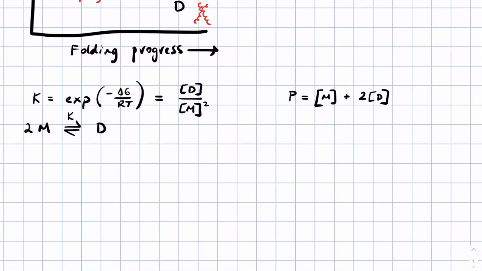Okay, so we use this factor 2 to account for the fact that each dimer contains 2 monomers.